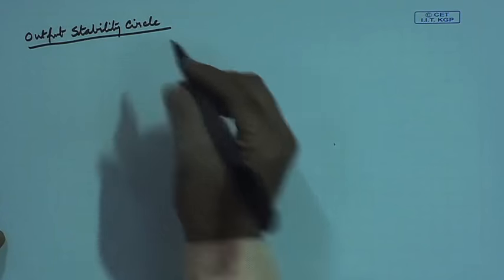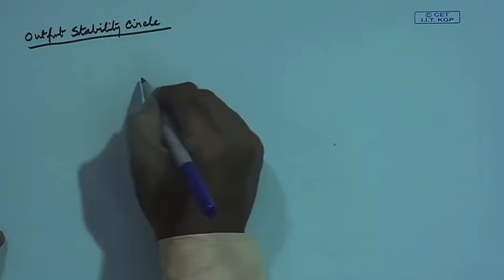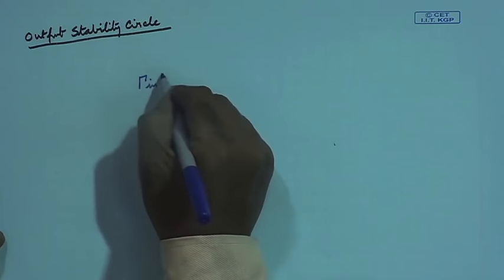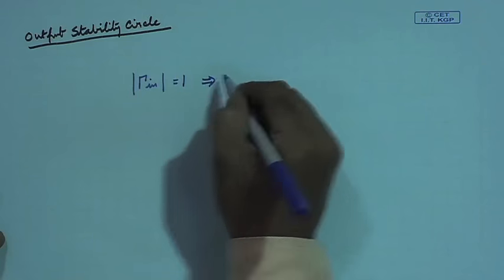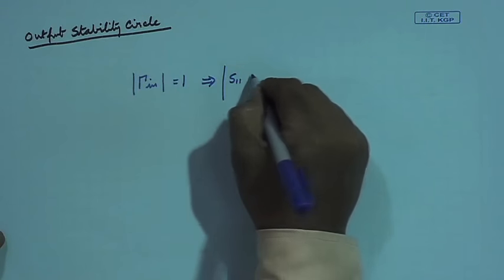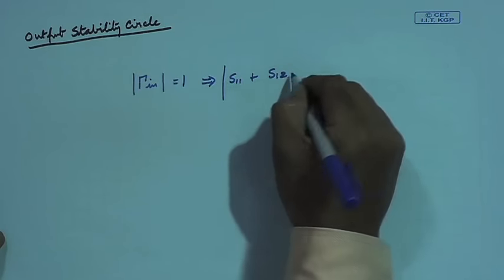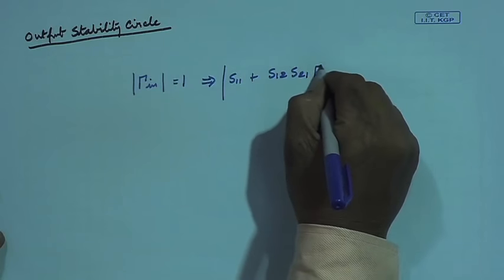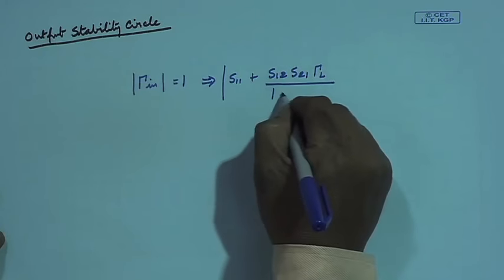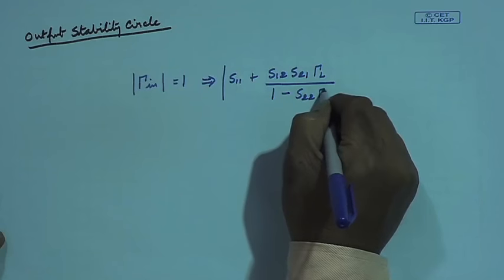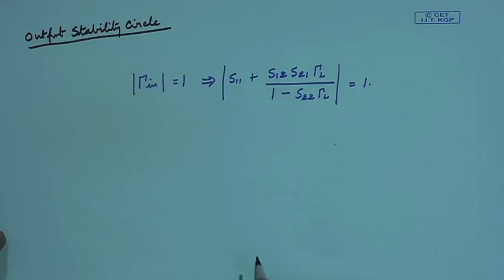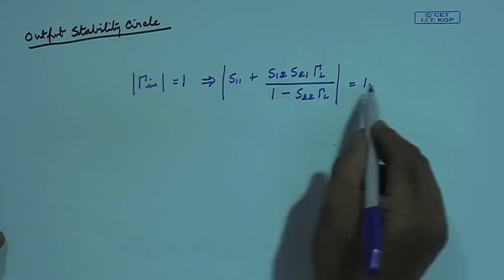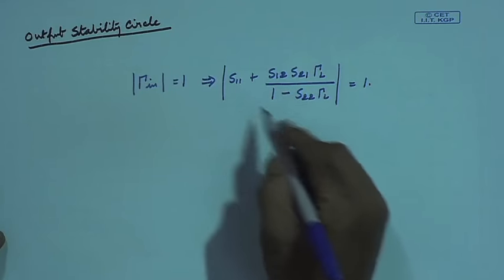So, the output stability circle is given by magnitude of gamma in equal to 1, which implies S11 plus S12 S21 gamma L by 1 minus S22 gamma L is equal to 1. Now, this equation we can manipulate.